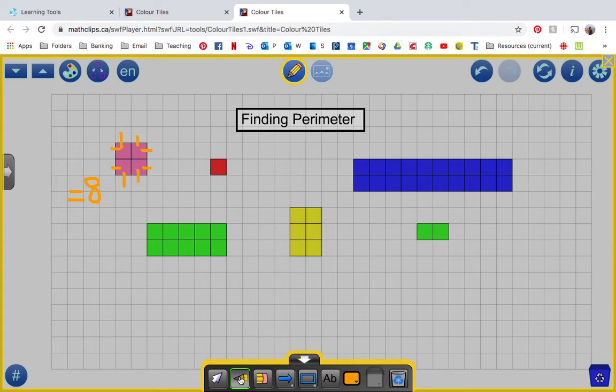I'm just going to change that to be black instead of orange. Okay. So moving to our single square here, similarly we can count 1, 2, 3, 4. And we know that the perimeter is then 4 square units, counting the distance outside.